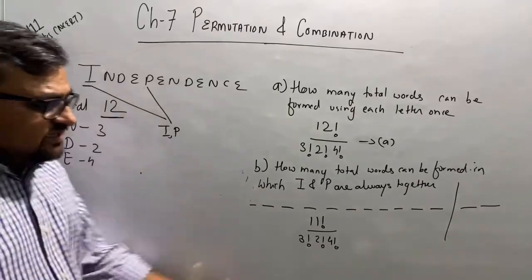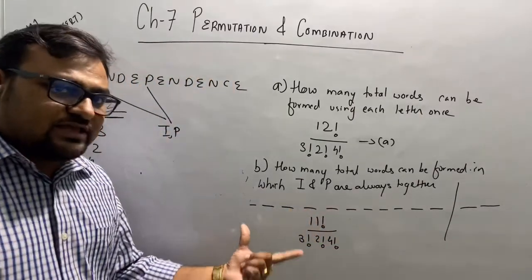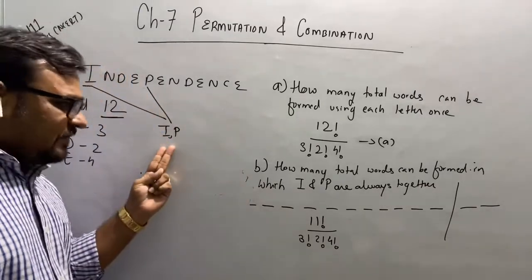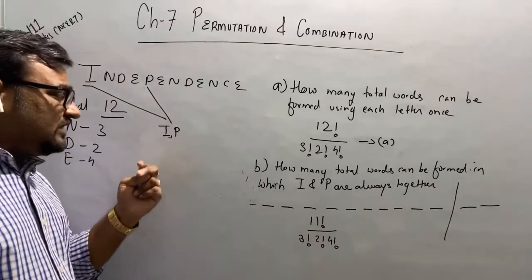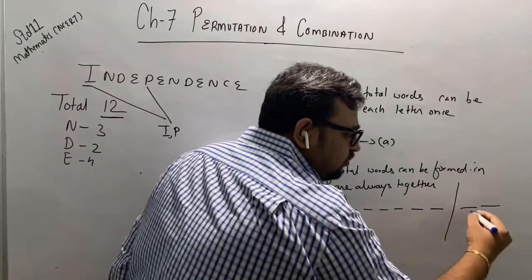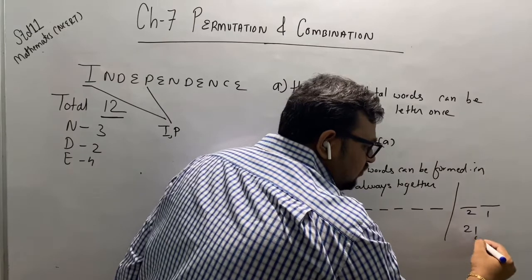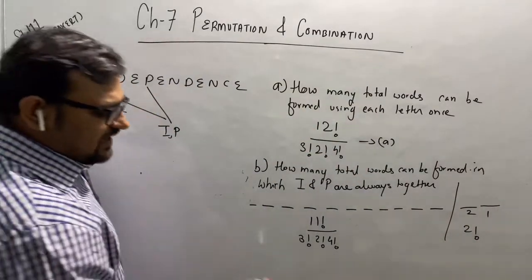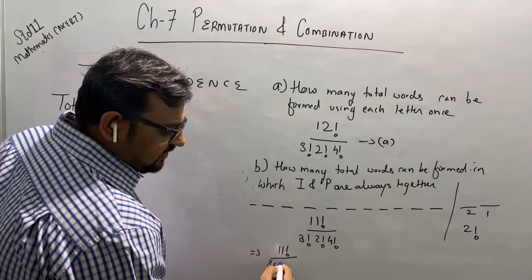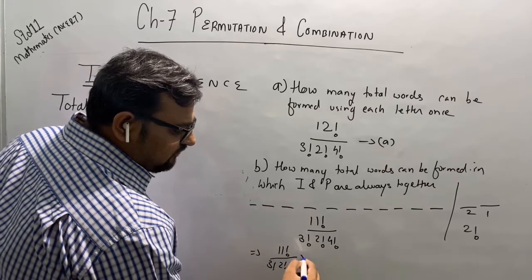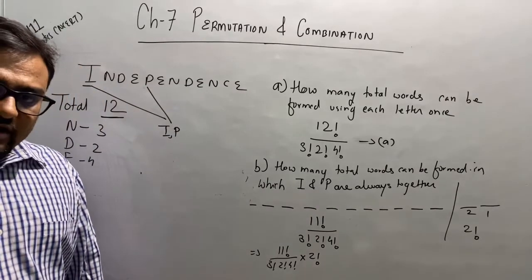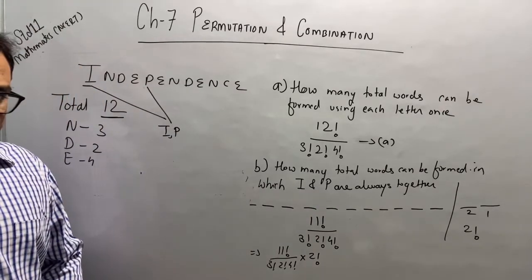So this is the arrangement of all the 11, in which one place consists of two alphabets I and P. Now in how many ways can I and P be arranged? 2 factorial. So the final answer will be 11 factorial upon 3 factorial, 2 factorial, 4 factorial, into 2 factorial. Clear?